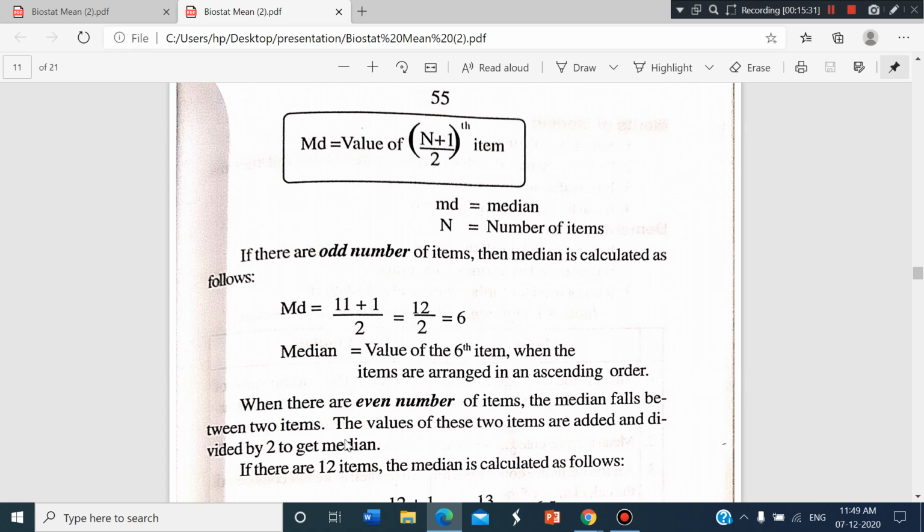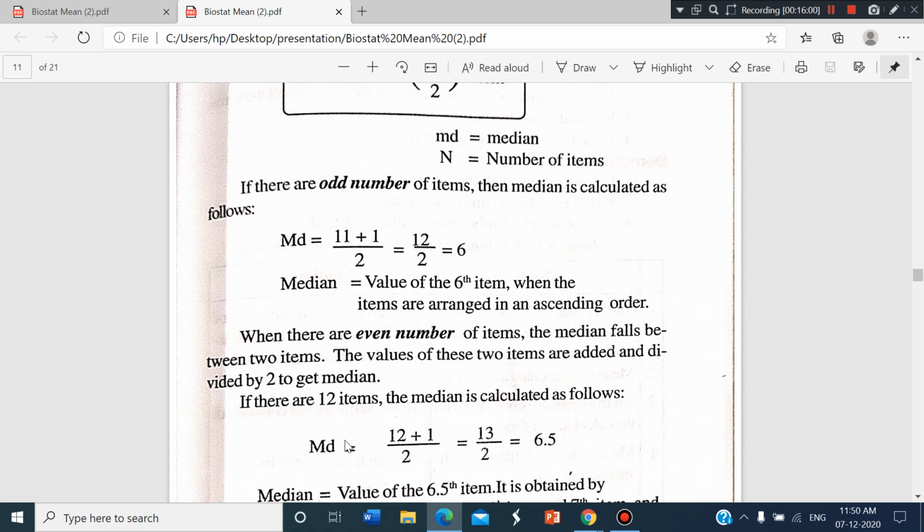So 11 plus 1 divided by 2, that means 12 divided by 2 equal to 6. So the median is the value of the sixth item when all the items are arranged in ascending or descending order. I will come to that with a proper example.